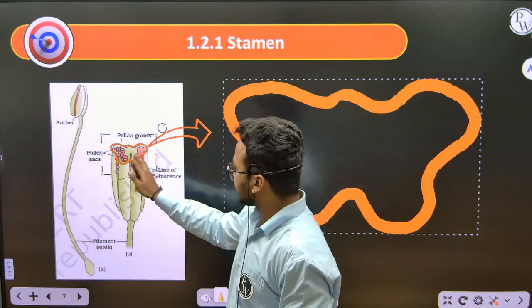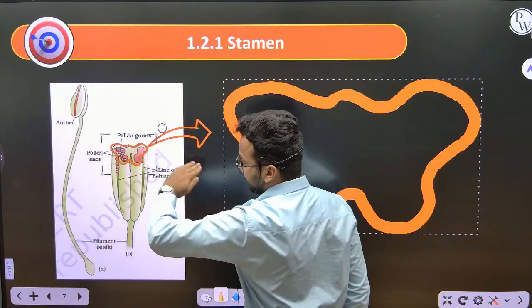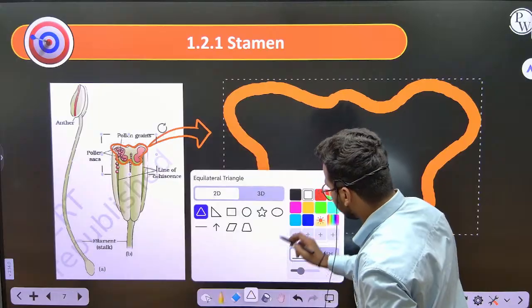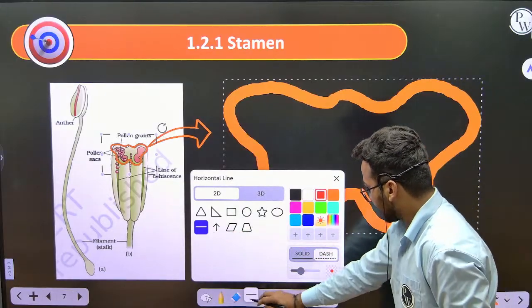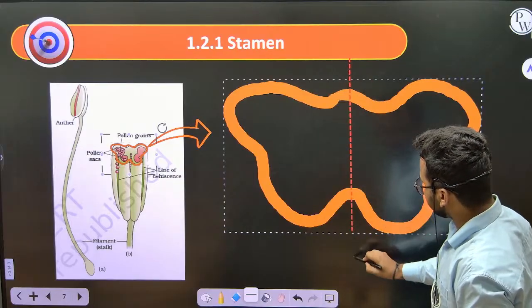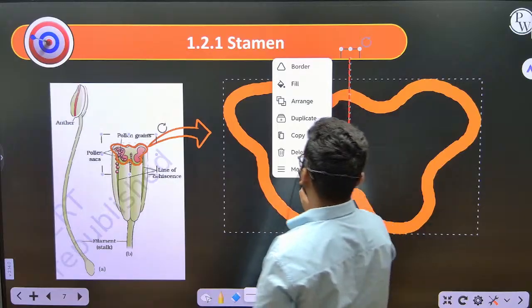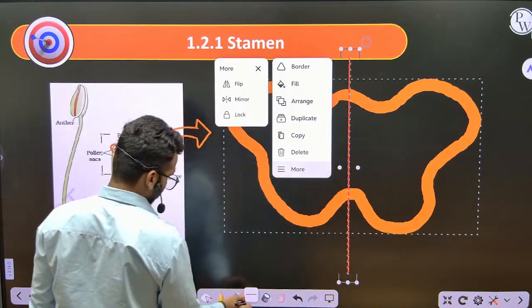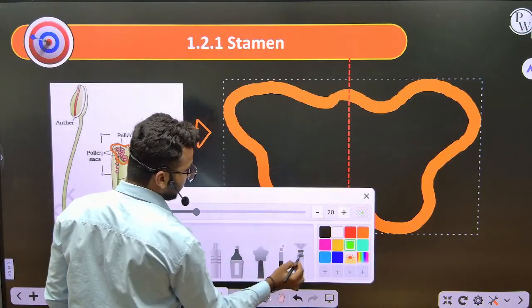Microsporangium in the sense, see, the anther is there. When I cut the anther, I can see the two lobes. These are the two lobes you can see here.